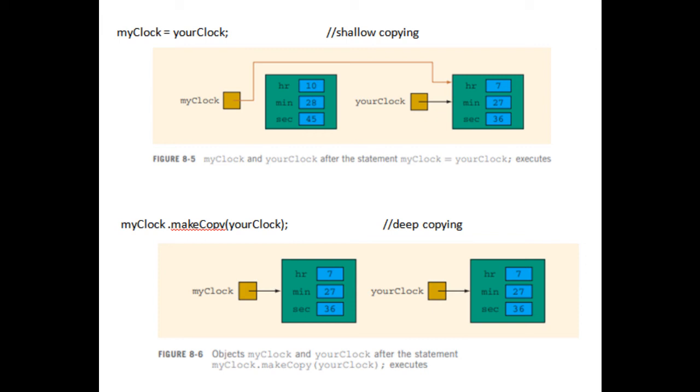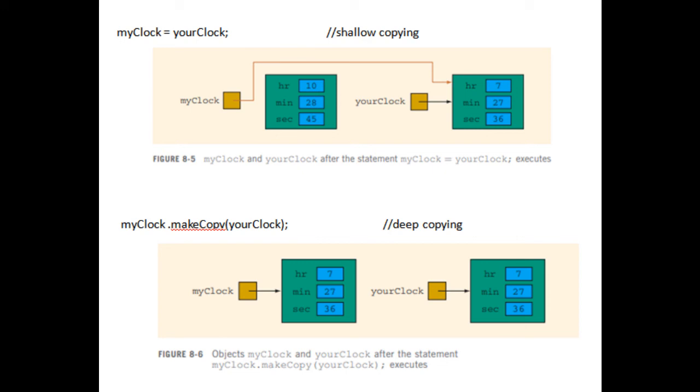Objects myClock and yourClock after the statement myClock.makeCopy(yourClock) executes. This is called the deep copying of data. In deep copying, each reference variable refers to its own object, as in Figure 8-6, not the same object, as in Figure 8-5.